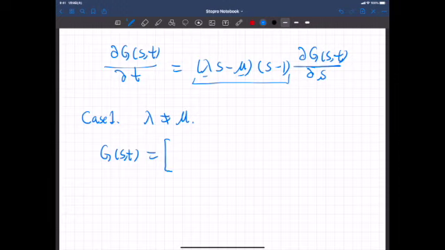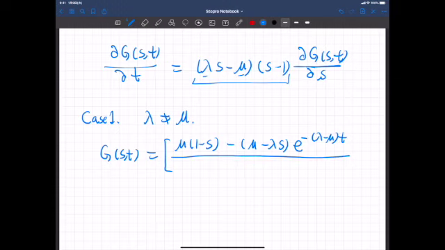It's a little involved: [mu(1 - s) - (mu - lambda s) exp(-(lambda - mu)t)] over [lambda(1 - s) - (mu - lambda s) exp(-(lambda - mu)t)], to the power of n0. So this should be it, and you should derive this.